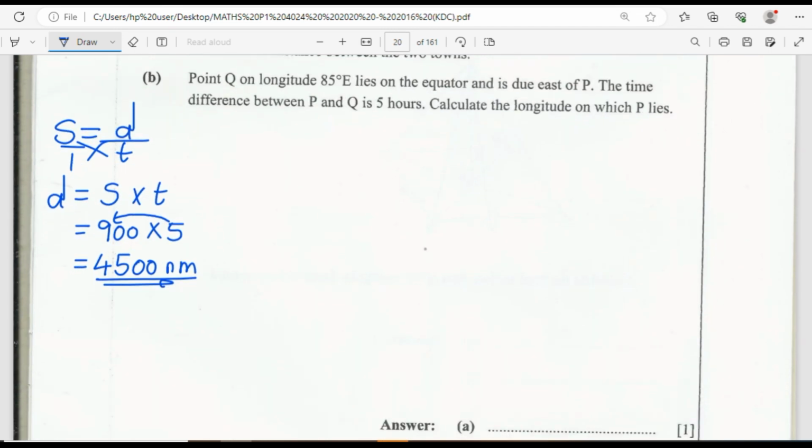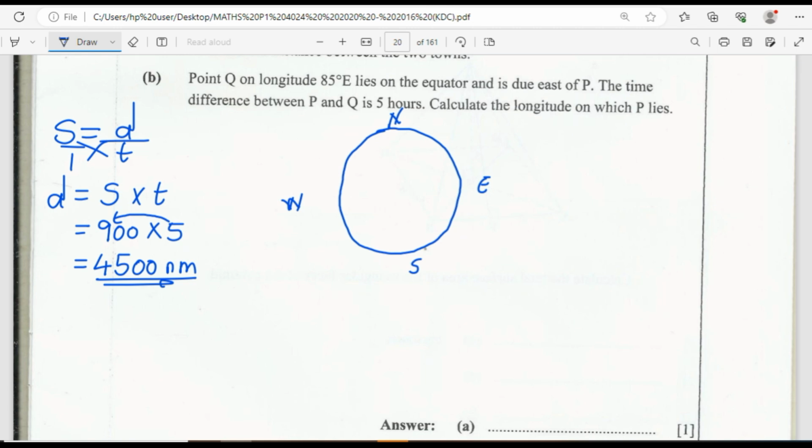Then point Q on longitude 85 degrees lies on the equator and is due east of P. The time difference between P and Q is 5 hours. Calculate the longitude of P. Okay, so maybe let's see if we can make an illustration. So we have north, south, west, then east.